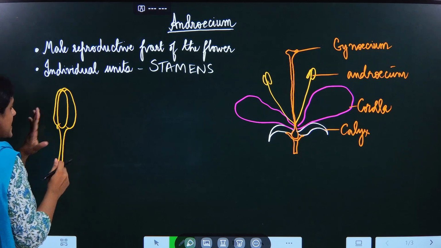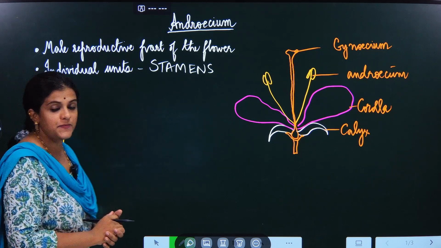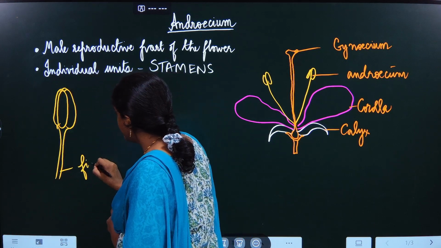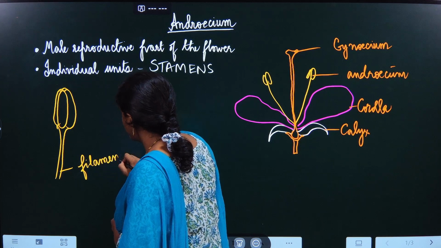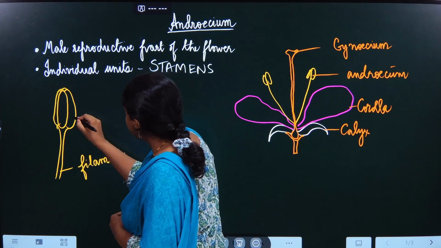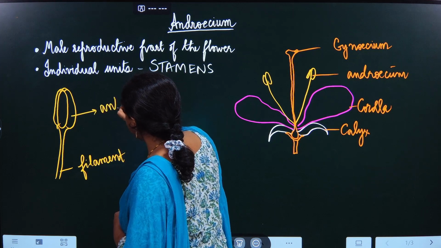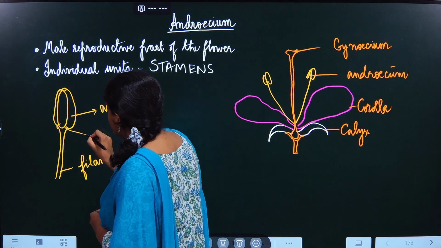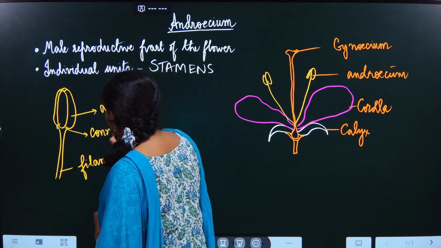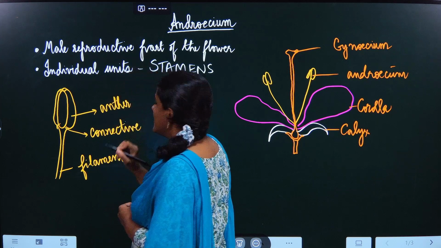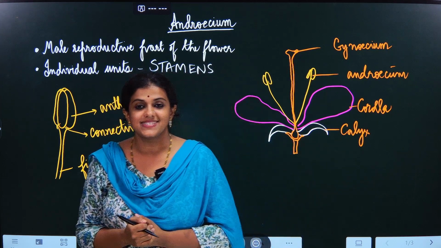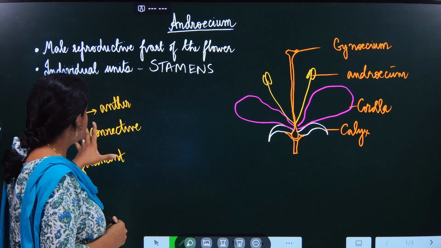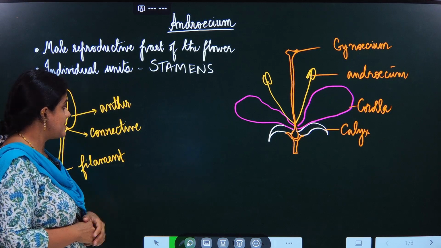Stamen has got three structures in it. One is filament, which helps it to attach to the flower, and then above there is anther, which actually produces pollen grains, and in between there is a structure called connective. This connective, as the word suggests, is the one which connects the lobes of anther.